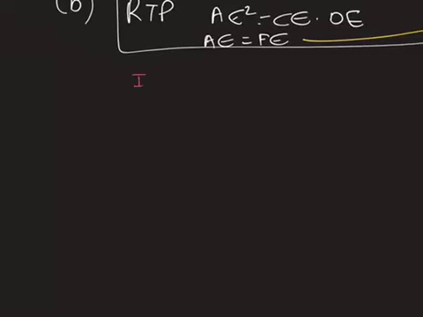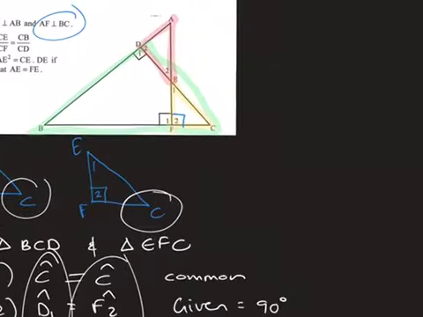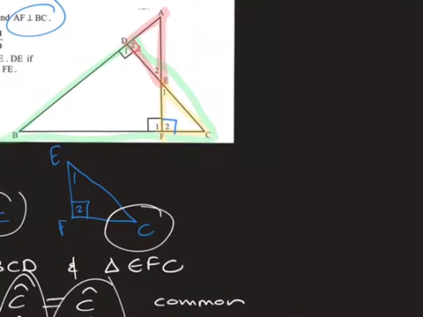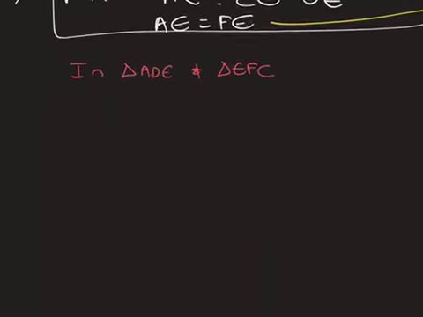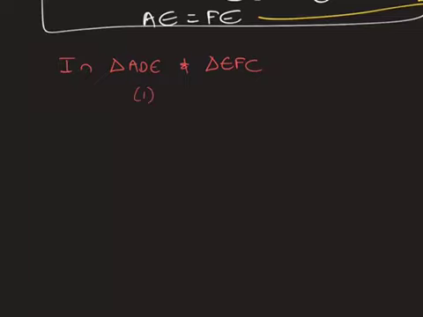So in triangle ADE and triangle EFC. Let's go back now. Okay, so we have, that is also right angled. So we've got right angled. We've got here vertically opposite. So that's going to be quick and easy to work with. So ADE has E2 equal to EFC has E1, vertically opposite angles.